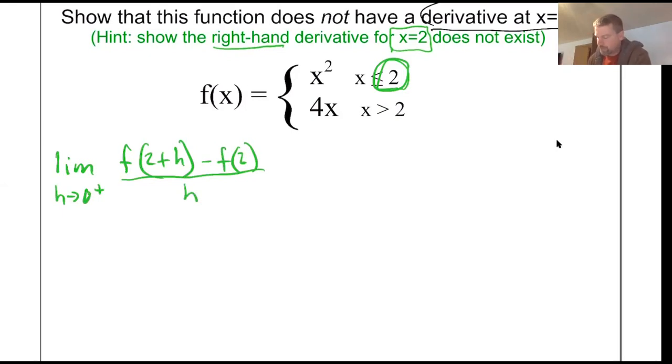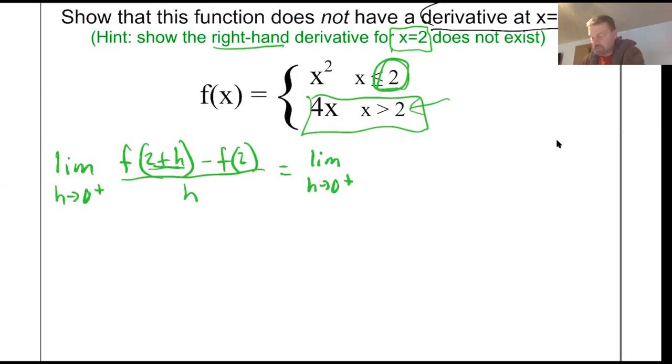All right, so this would be the limit as h approaches 0 from the right-hand side, f of 2 plus h. Well, since I'm approaching from the right-hand side, h is something bigger than 0. 2 plus h would be using this one when x is greater than 2, because it's 2 plus a little bit more.